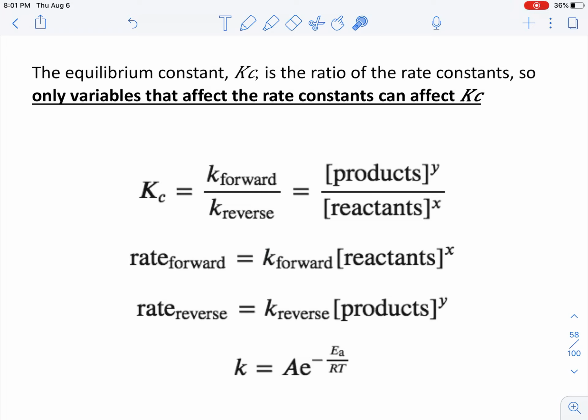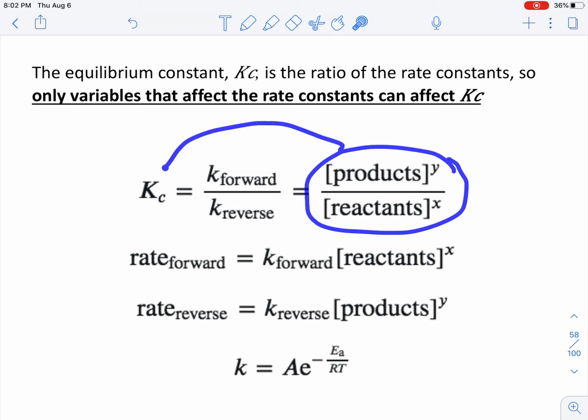And the concentration of the products raised to its coefficient divided by the concentration of the reactants raised to its own coefficient simply represents the mass action expression for the equilibrium constant Kc.